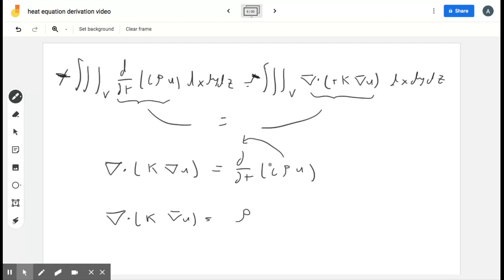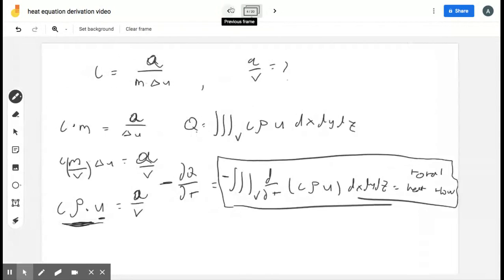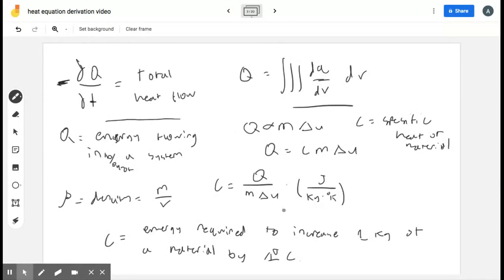And I believe we should also be able to bring out the specific heat, because, let's see, what is the definition of the specific heat? It is the energy required to increase 1 kilogram of the material by 1 degree Celsius, which should only depend on space. It could change as the temperature changes, right?